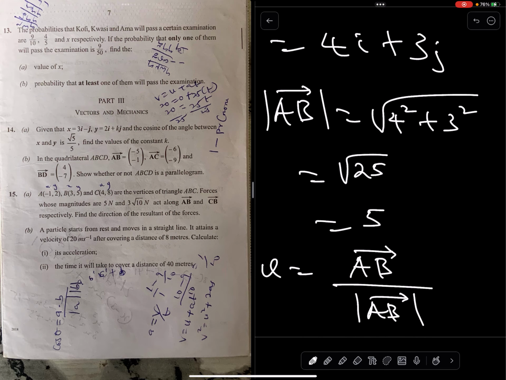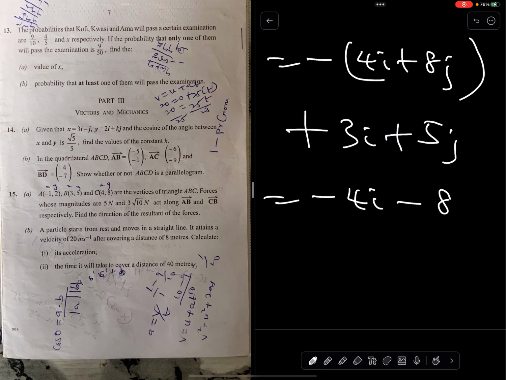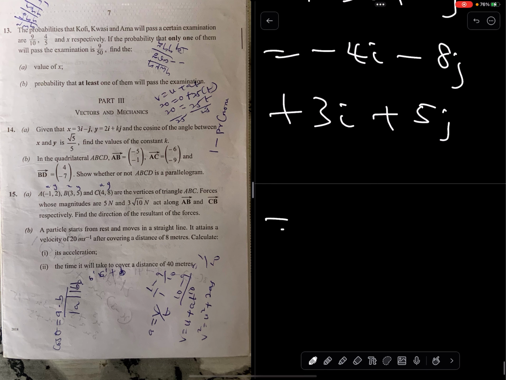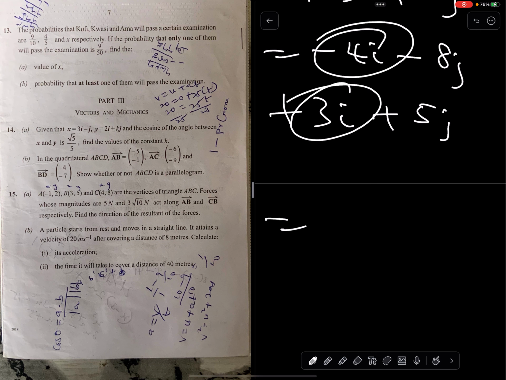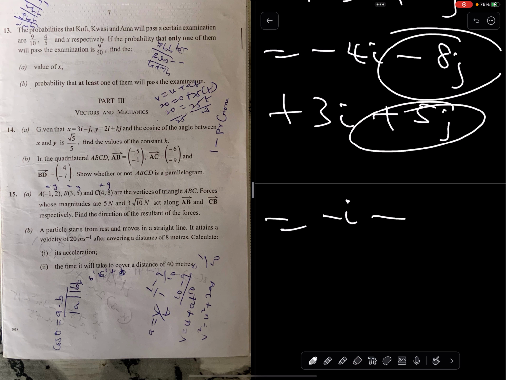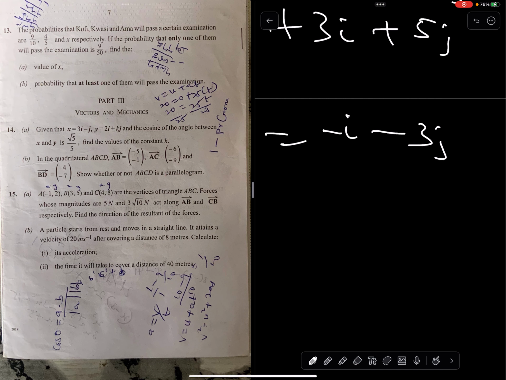So that's minus 4i minus 8j plus 3i plus 5j, which is minus 4i plus 3i is minus i, and minus 8j plus 5j is minus 3j. This simply means CB is equal to minus i minus 3j.